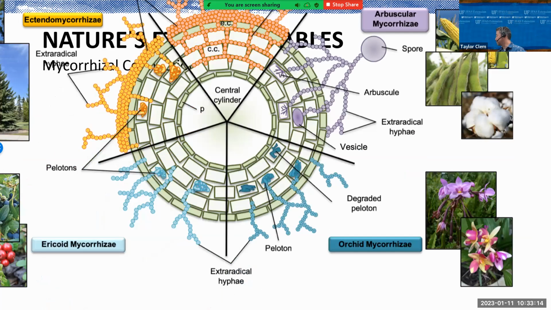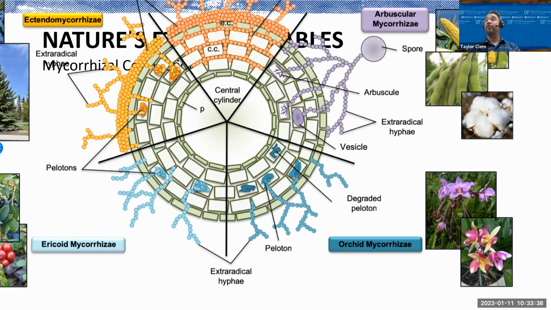Some of the other connections, like with that orchid or the ericoid mycorrhizae, something that we see with blueberries, they have special things called pelotons, not to be confused with the bicycle. The hyphae get into the cell and coil up in this bundle of hyphae, and then eventually it gets separated, kind of degrades.